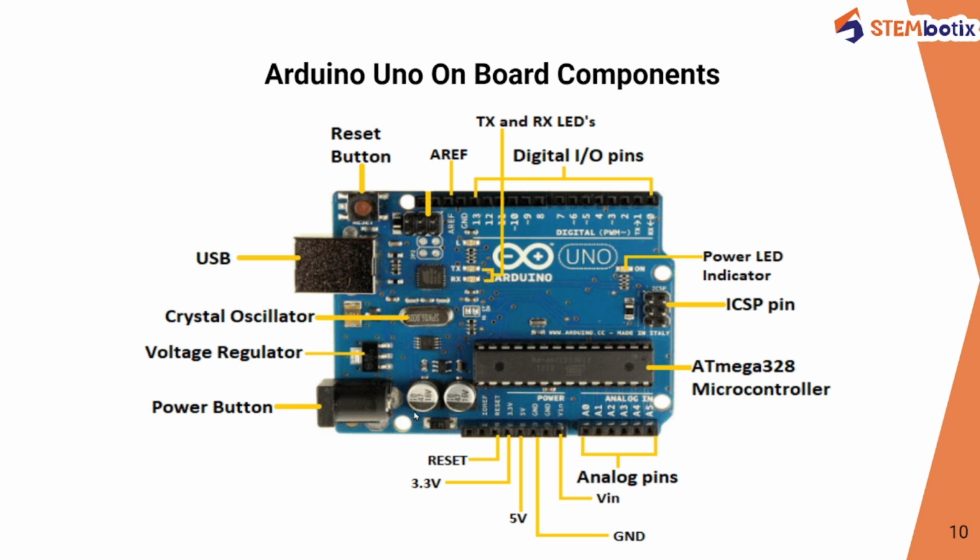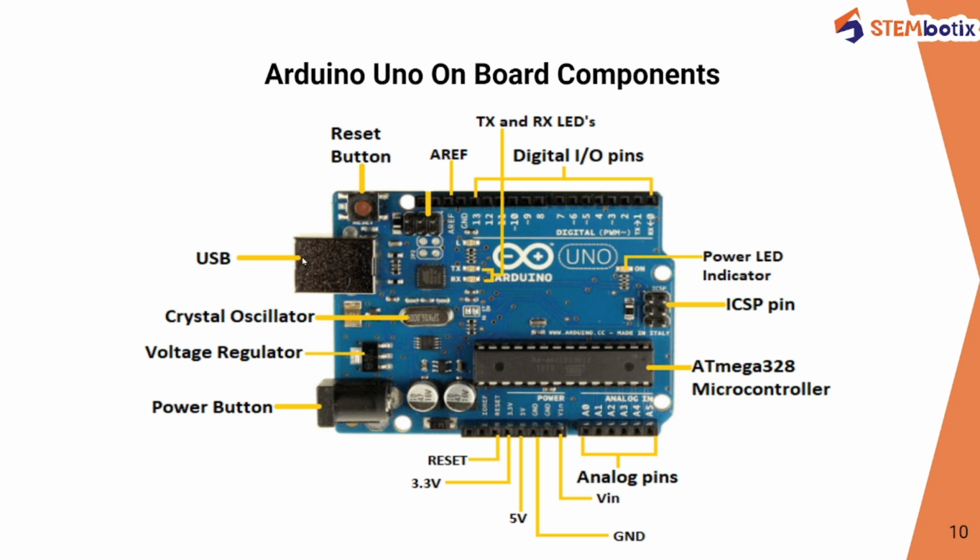This power jack is used to give the Arduino board power directly from the AC mains power supply by connecting it to the barrel jack. Connecting from here you can give supply to your board. So this is a power jack.